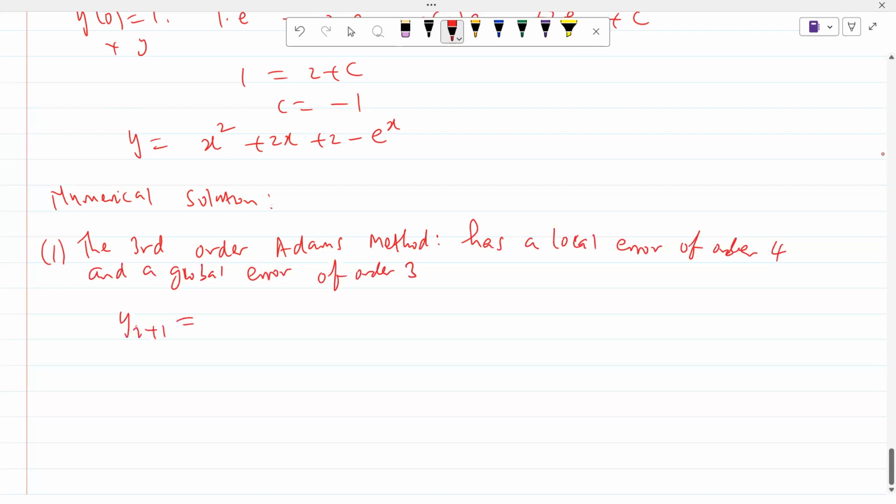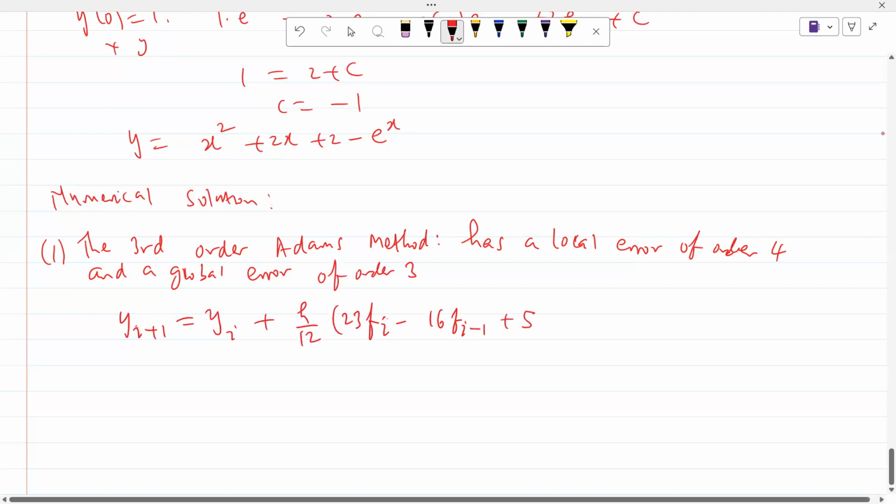y i plus 1 is equal to y i, just discussing these formulas here, and then h over 12 times 23 f i minus 16 f i minus 1 plus 5 f i minus 2, where f i means f evaluated at the i-th point.